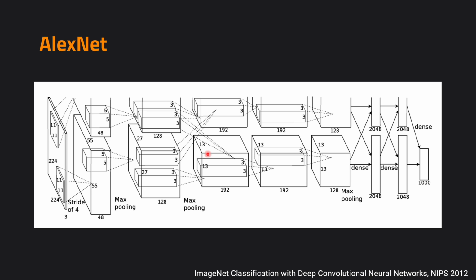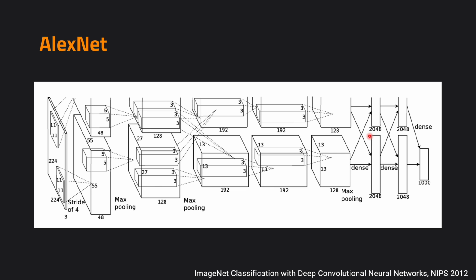They try to use two GPUs, at that time GTX 580, and the goal here is to delineate the computation of the two halves of the network, and only communicate when it's necessary, like here and here, so that they can achieve speed that is faster than using only one GPU. And later, there is a whole field of research studying how we can speed up convolutional networks on multiple GPUs or even across multiple machines.